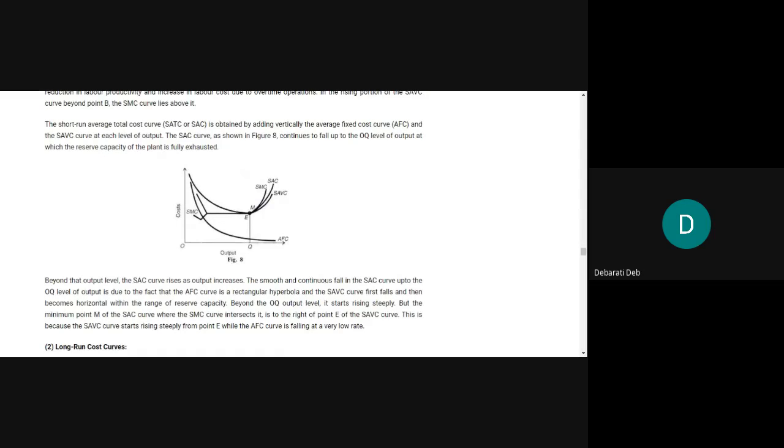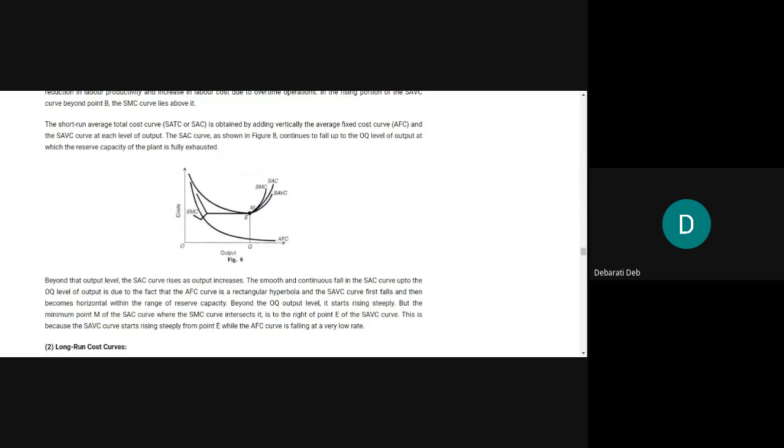So, that average cost curve we will draw today based on the modern theory of cost. Now we will describe the curve, not the formula. The short run average cost curve, which can be denoted by SAC or SATC also, is obtained by adding vertically the average fixed cost curve and the short run average variable cost curve at each level of output.